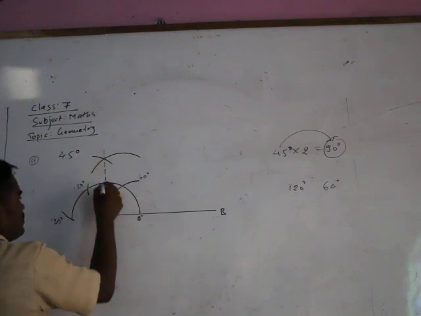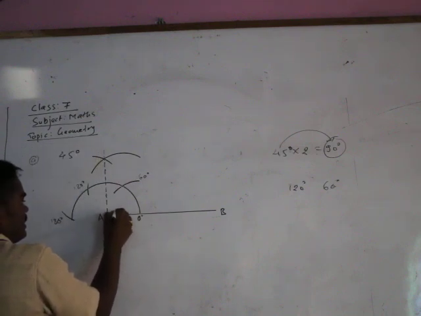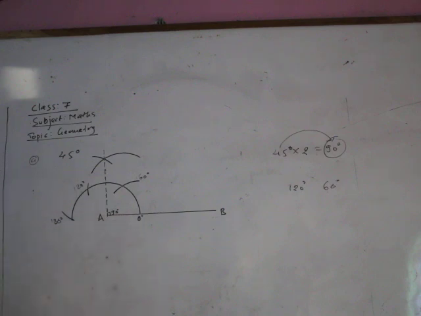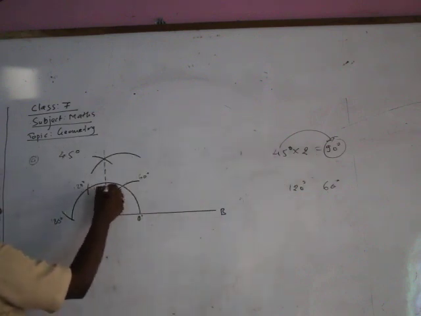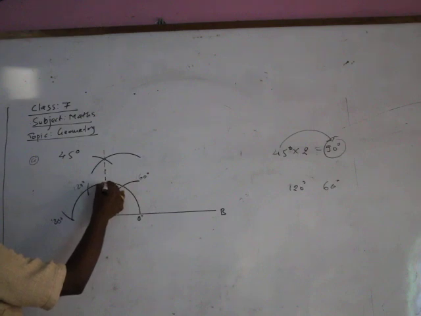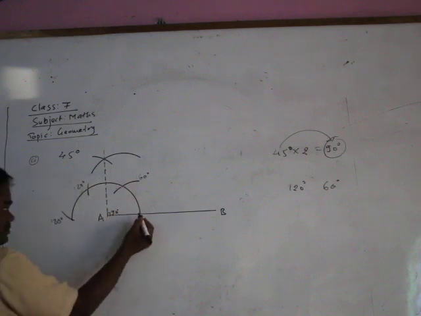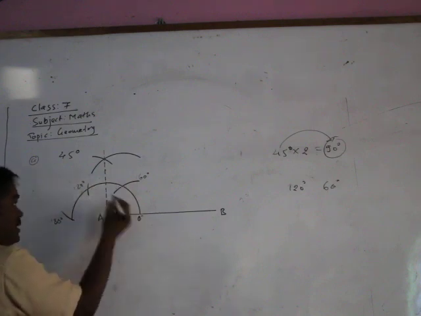So this angle is 90 degree. This angle is 90 degree. And I told you 45 degree is the half of the 90 degree. So this is the 90 degree at the circumference of an arc from 0 degree. Here again 90 degree.